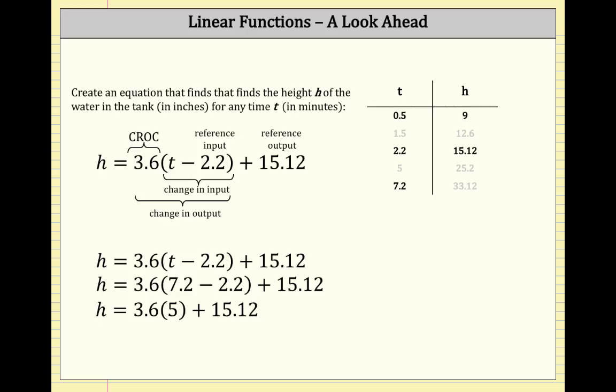And looking at it from an equation perspective, we need to do multiplication before we do addition. So it's working consistently with how we had found the process for change in output. So we'll do that. So now we have 3.6 times 5 is 18, and then taking the change in output, which is 18 plus 15.12, will give us 33.12, which is exactly the same as we had found earlier.